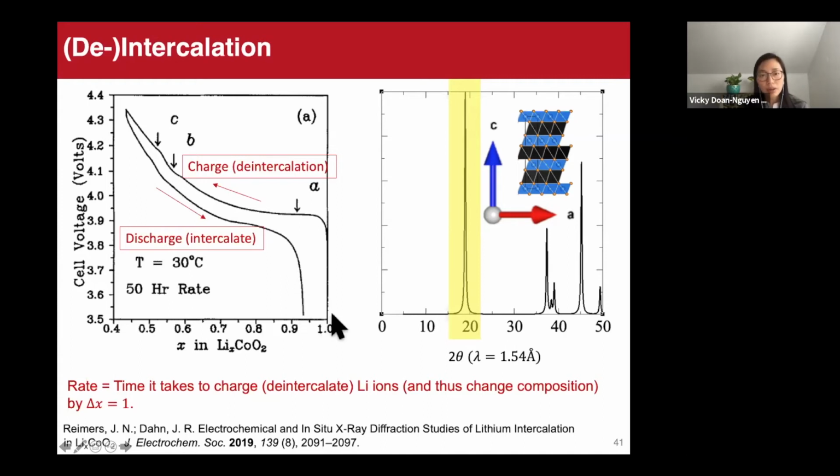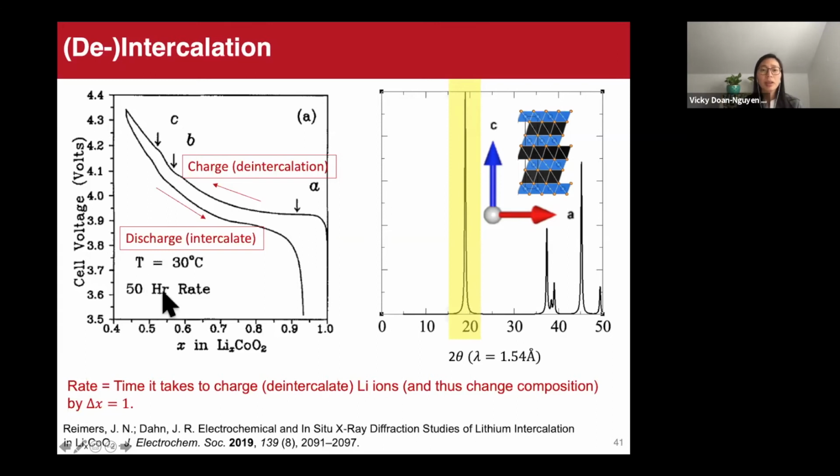So here, what you could see is that there's actually a little bit of a loss. And this change in composition is indicative of the fact that as you de-intercalate from 1 down to 0.4, so there's a 60% change, upon lithiation or intercalation, it's not fully back to the original composition, but very close, right? So it's 0.9 something, 0.93.